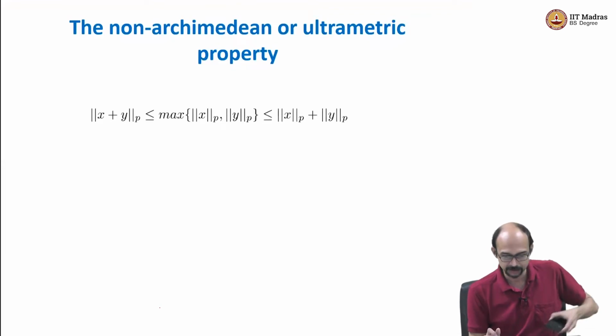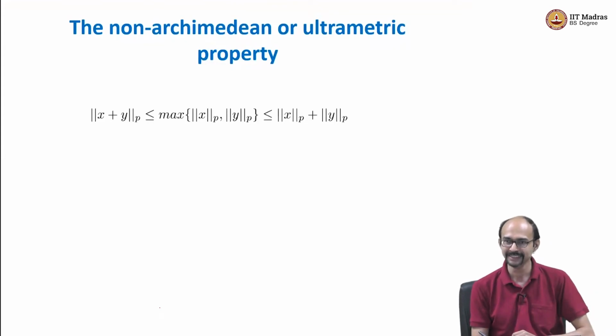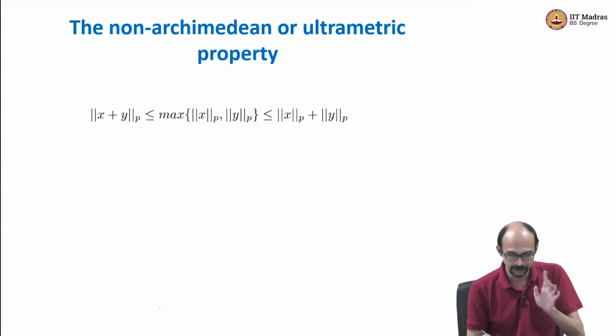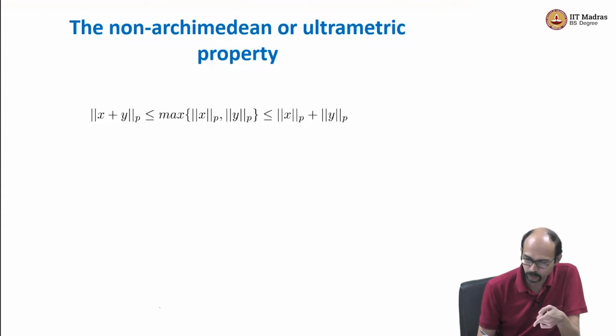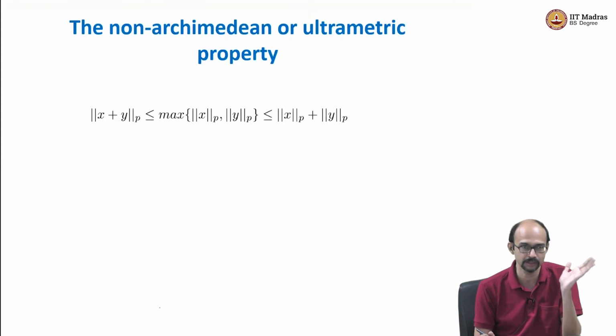I had a proof of this, but it's 9:20, maybe not a good idea to go through this proof. So if there's time, I'll come back and prove this. So this norm satisfies a very strong version of the triangle inequality, which is that the norm of x plus y is less than or equal to the maximum of the two norms of the numbers that you're adding.